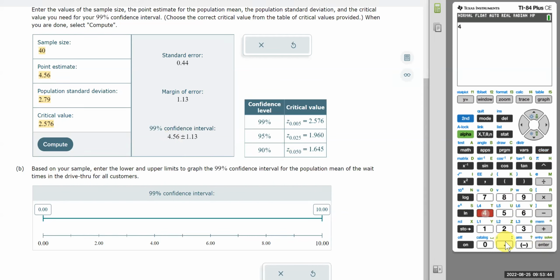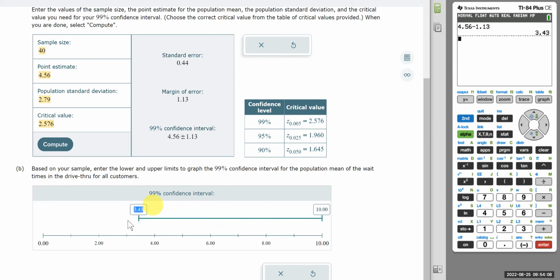I'm going to come to my calculator here, 4.56. And we would subtract the margin of error to find the lower limit. So we'll subtract 1.13, and that gives me a lower limit of 3.43. So in this spot, 3.43, and it adjusts for us.